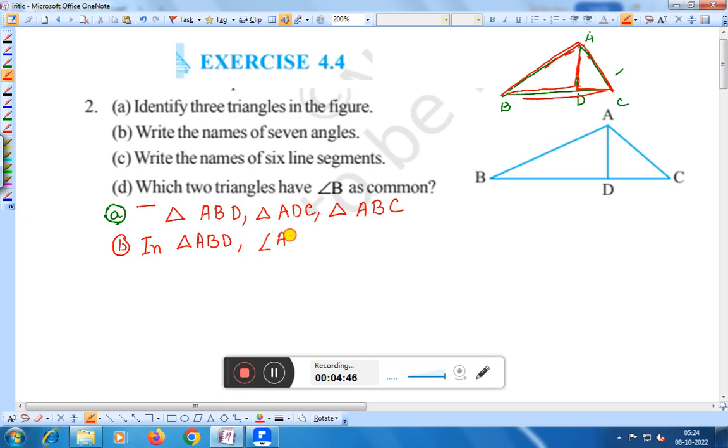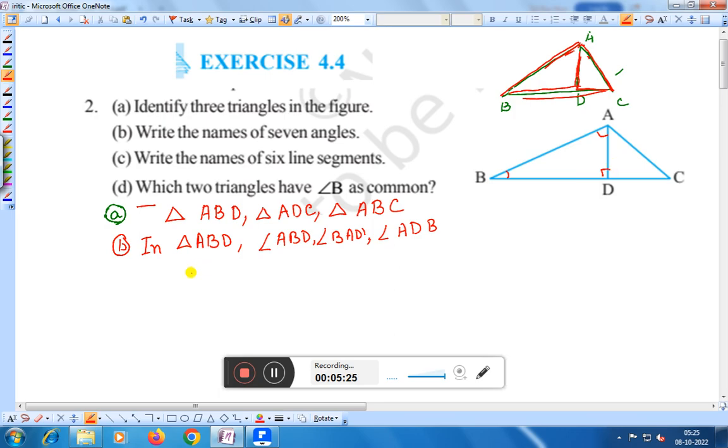That means this angle ABD. Next is angle BAD, angle BAD means this angle. And another is angle ADB, that means this angle. We have taken these three angles.